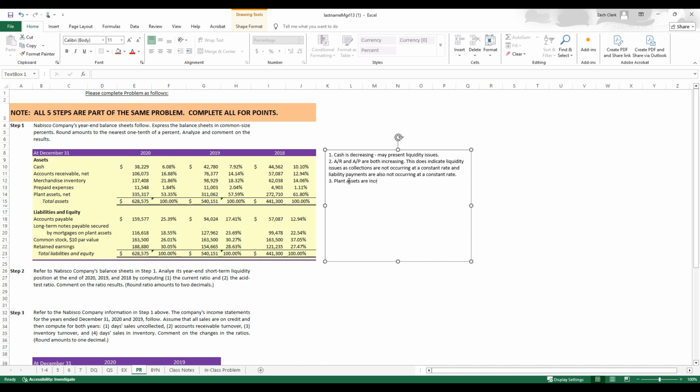Plant assets are increasing, but decreasing as a percent of total assets due to AR increase. And then inventory has gone up relatively significantly as well.